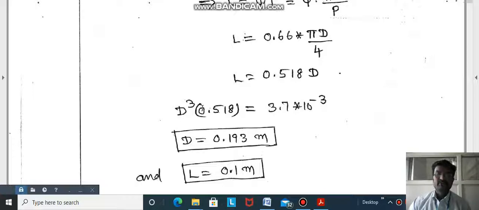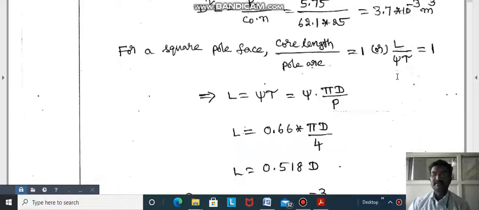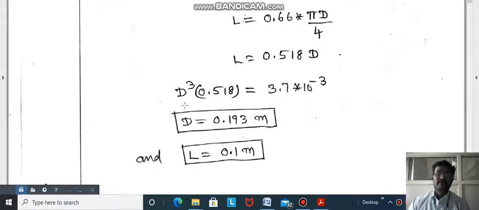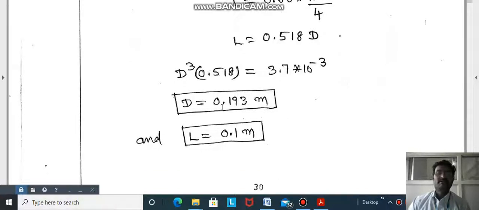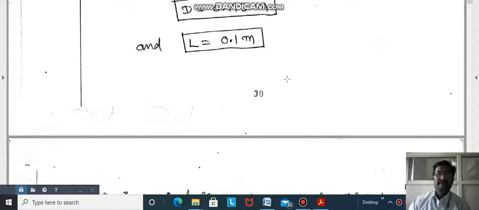So d cube 0.518 is equal to 3.7 into 10 to the power of minus 3. Okay, so now we know the value of d. D is equal to 0.193 meters, and if you know the value of d, we can easily find the value of L. L is equal to 0.1 meters.